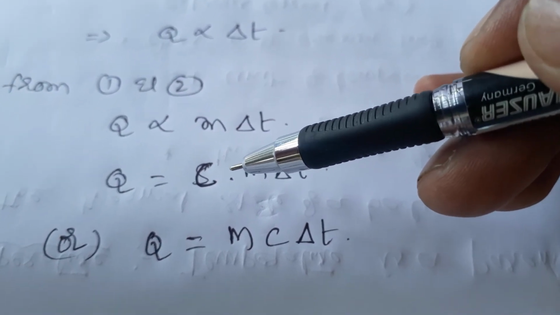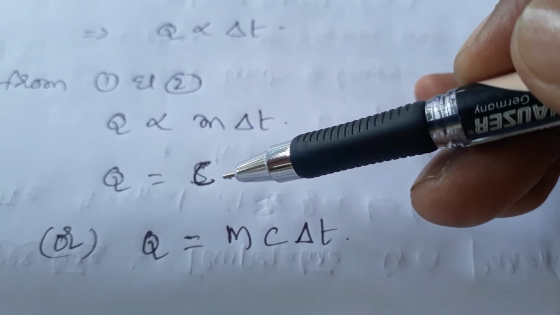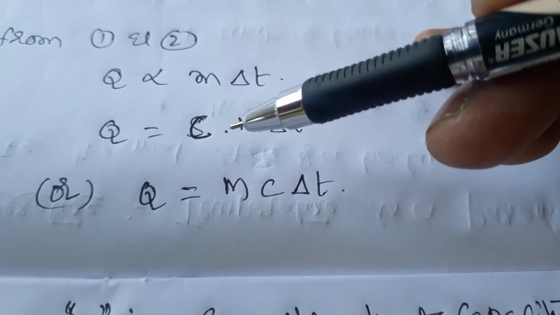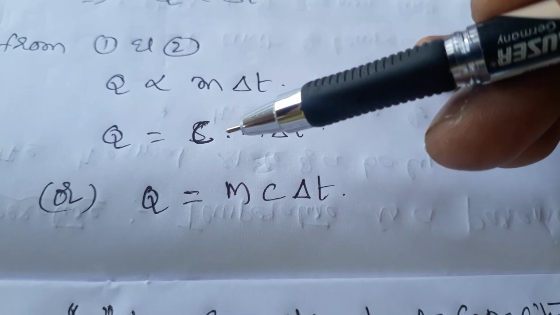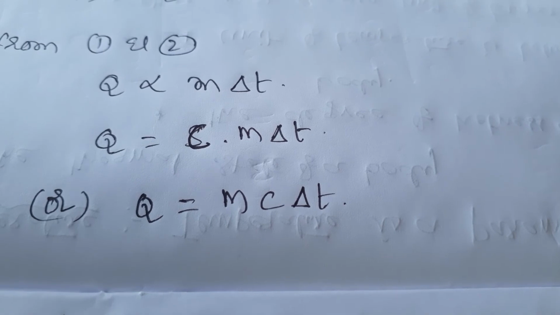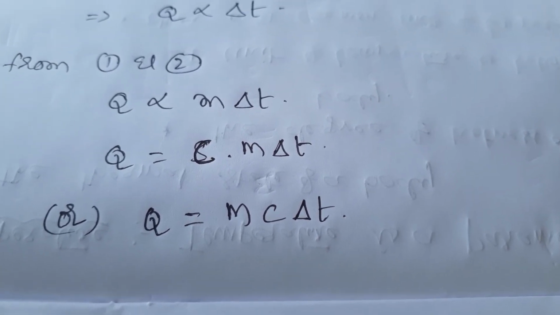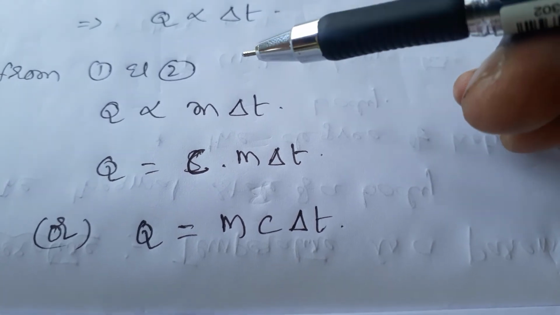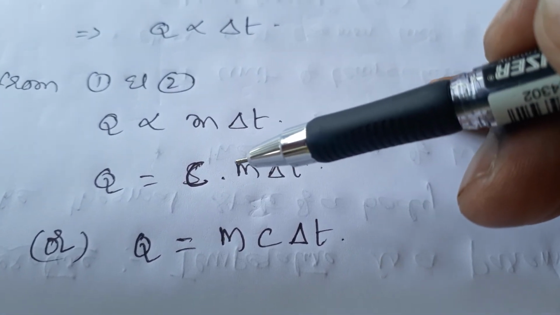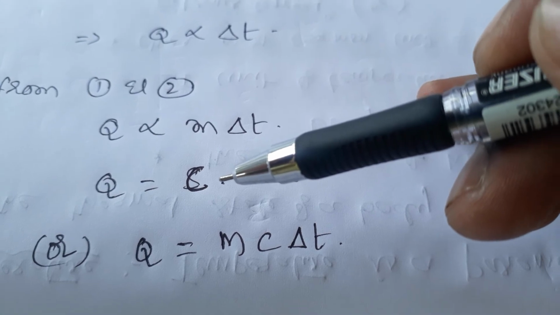Here, what is C? This depends on the nature of the substance. Not all substances require the same heat energy to raise the temperature; the rise in temperature is different depending on the nature of the substance. So here C represents the specific heat.